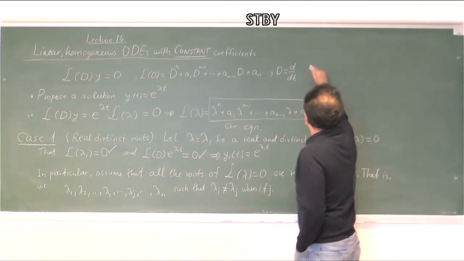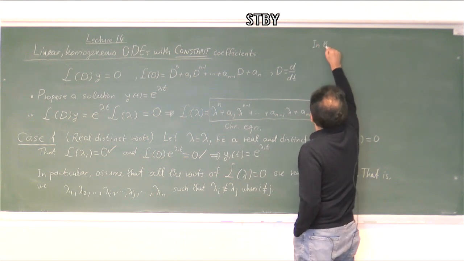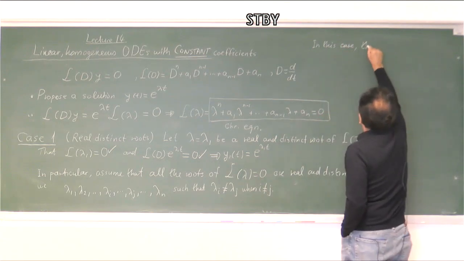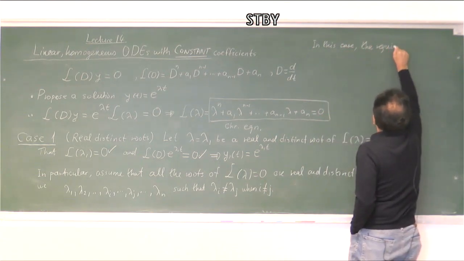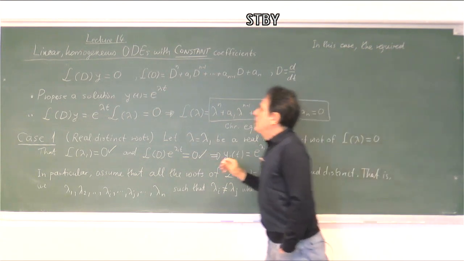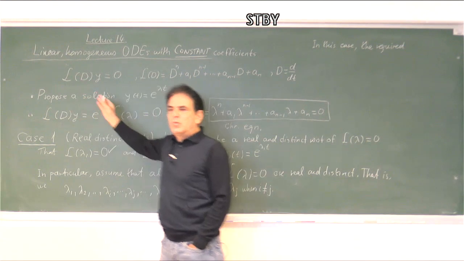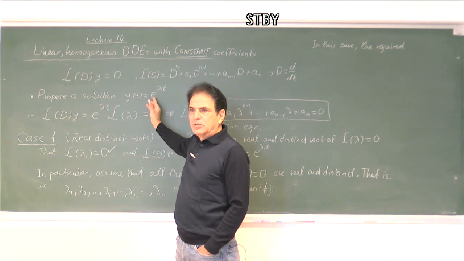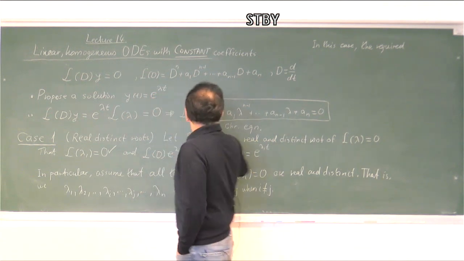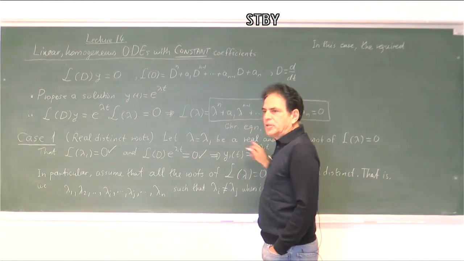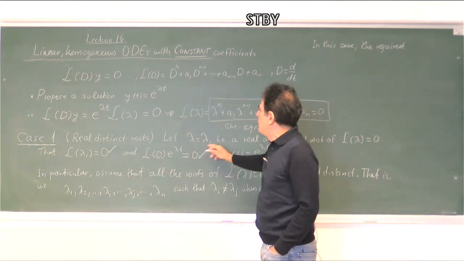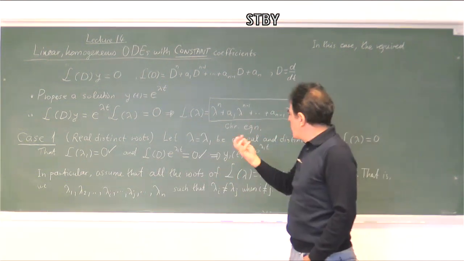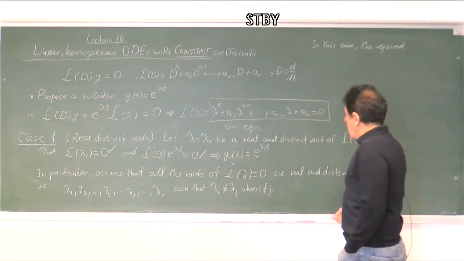Now, in this case, remember from the general theory that to find the general solution, we need to determine n linearly independent solutions. This solution e to power lambda 1 t, corresponding to one root of the characteristic equation, gives us only one single solution, but we need n solutions.